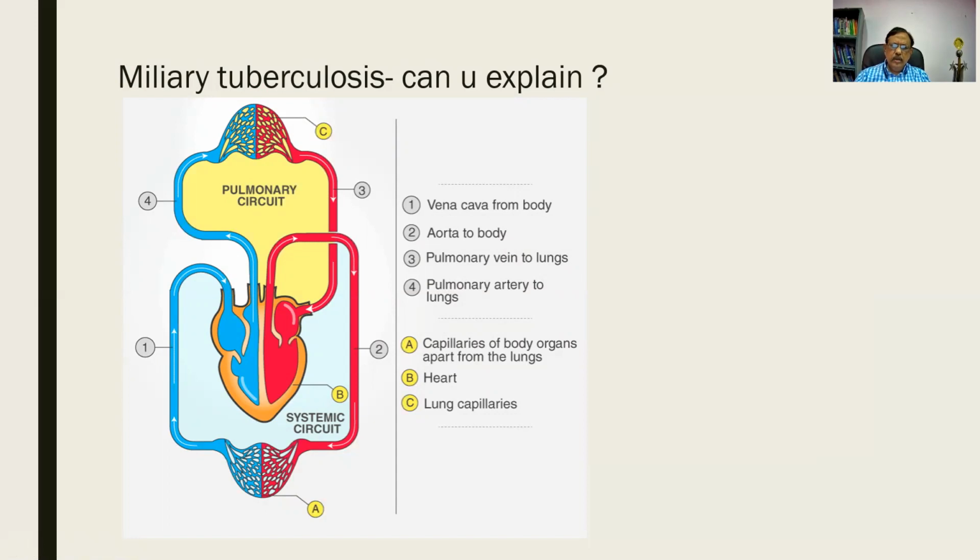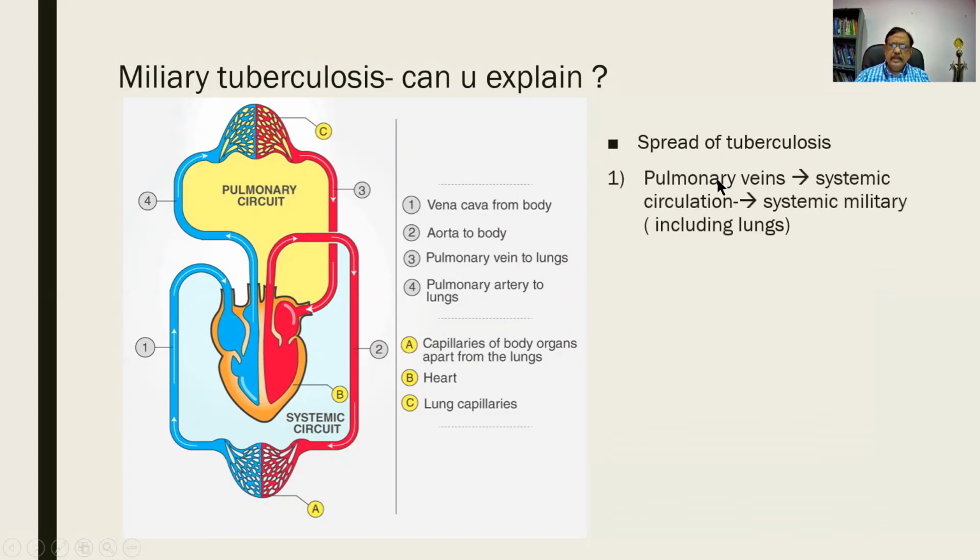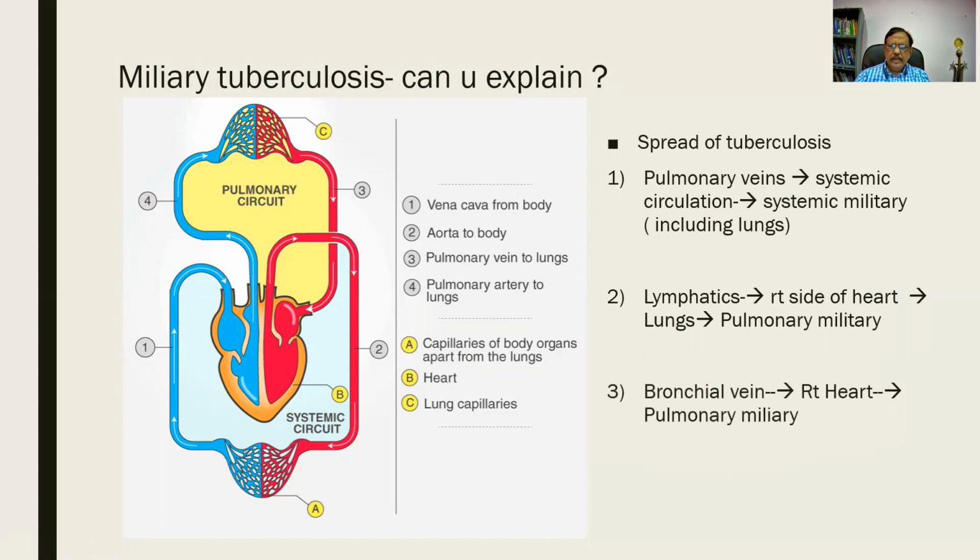So what are the types of miliary tuberculosis? I should explain the spread. One is the pulmonary veins, systemic circulation, systemic miliary, including the lungs. Two is lymphatics, right side of the heart to the lungs, pulmonary miliary. And bronchial vein, right side to the pulmonary structures. So again, it is called a pulmonary miliary.